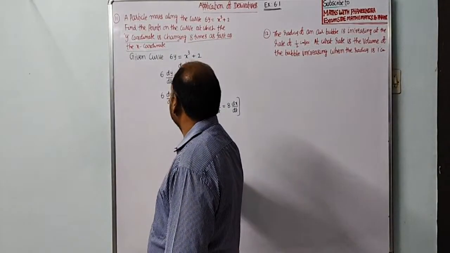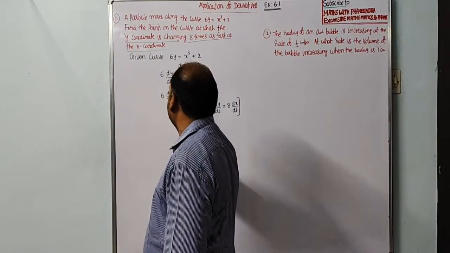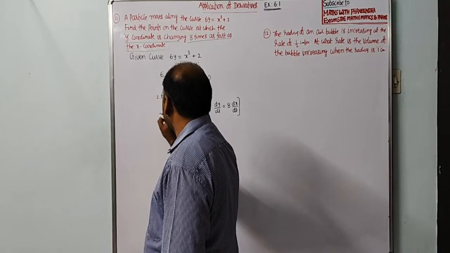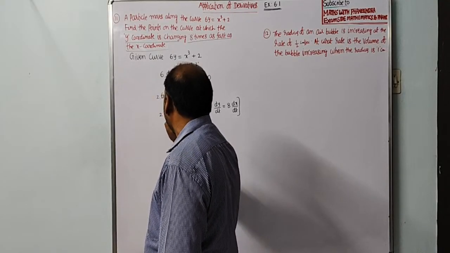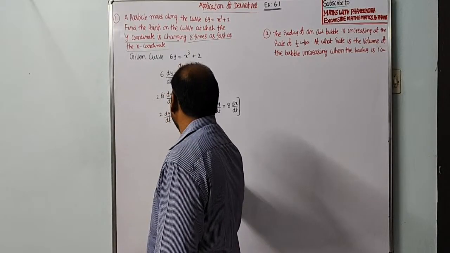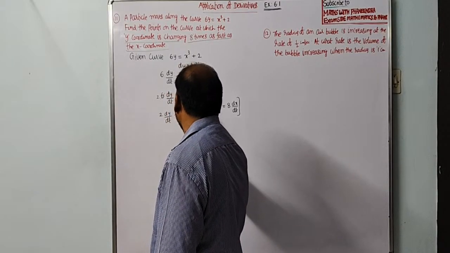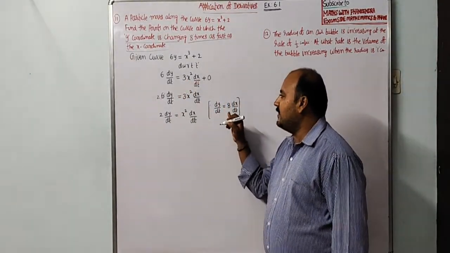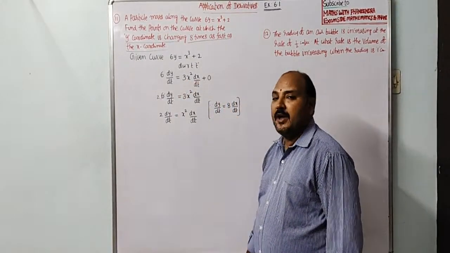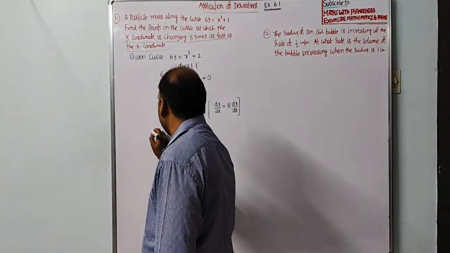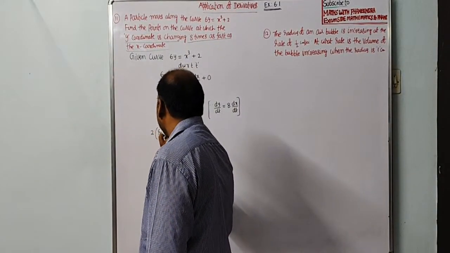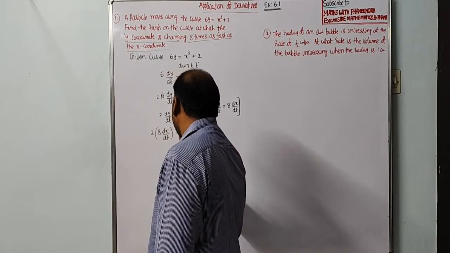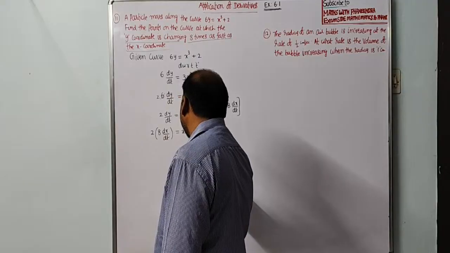So here first 3 ones, 3 twos we can cancel it. So 2 times of dy by dt is equal to x square into dx by dt. So wherever dy by dt is there, replace with 8 dx by dt. So 2 times of 8 dx by dt is equal to x square into dx by dt.